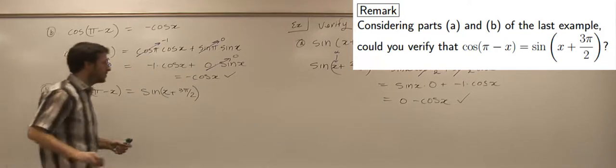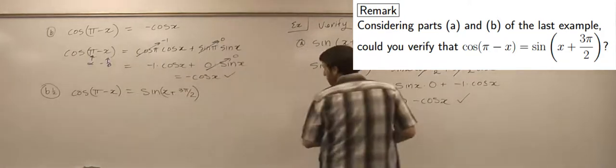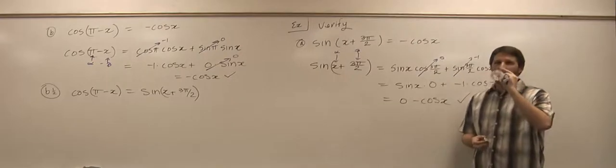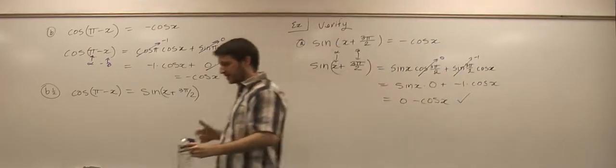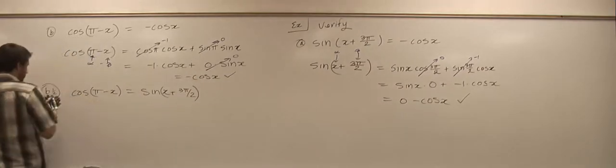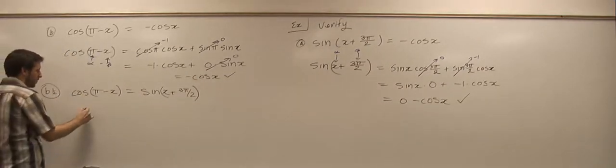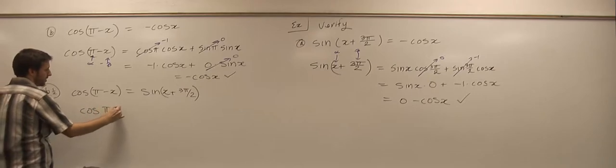Sure. How would you do that? Start with one of the sides and use the formula to figure it out. It wouldn't matter which. So let's start with cos(pi minus x). What would be your first move here if you were trying to verify this formula?